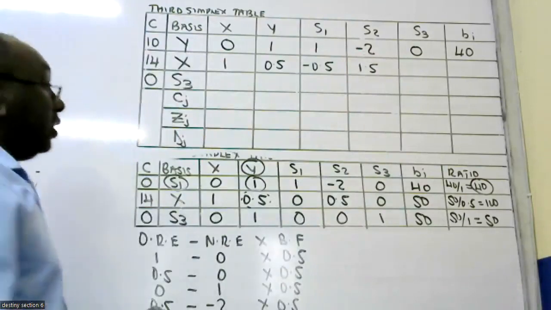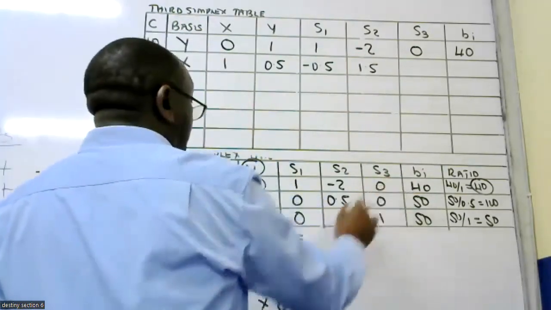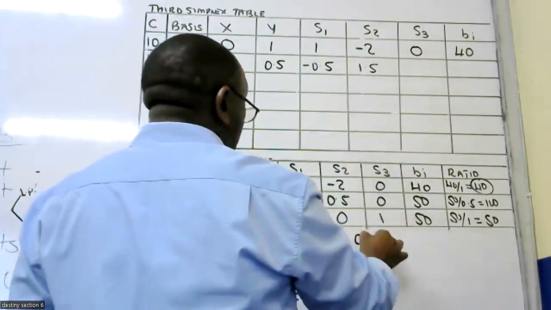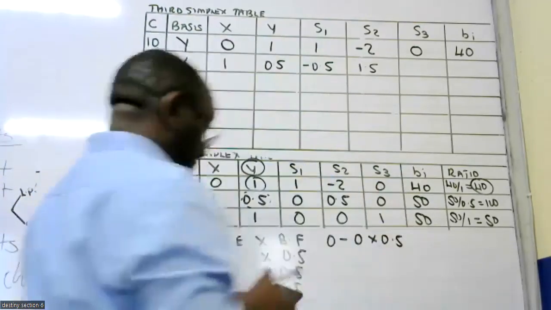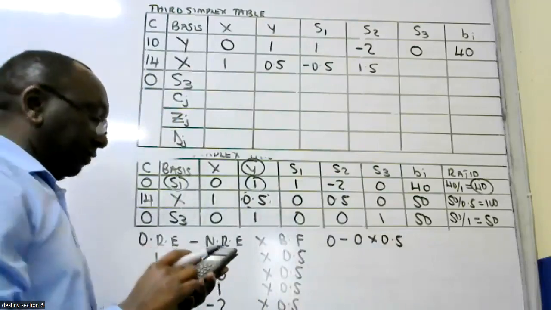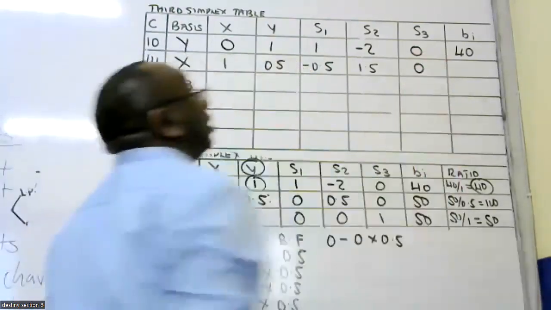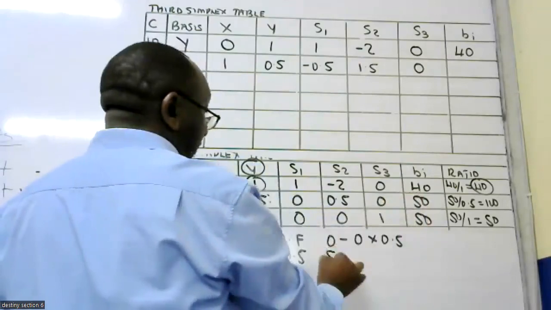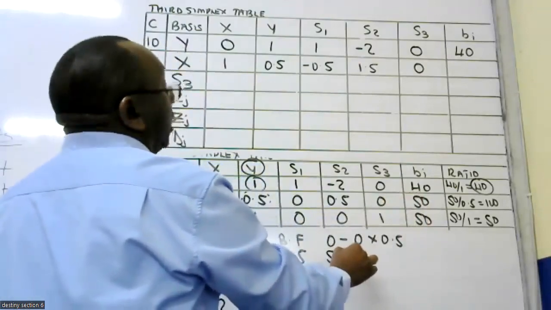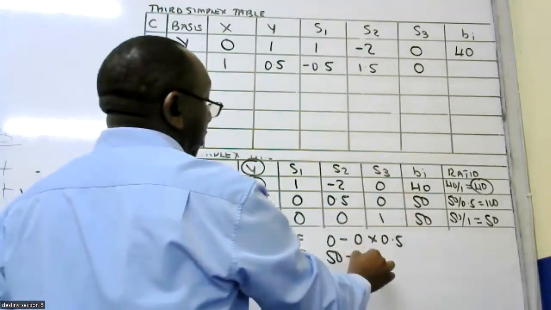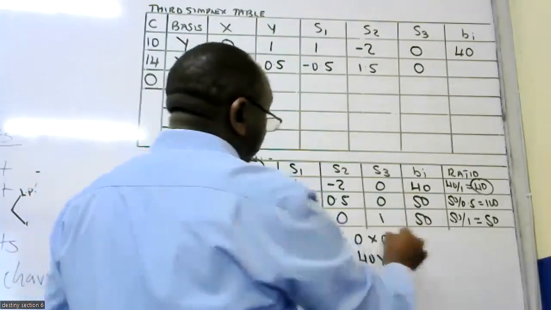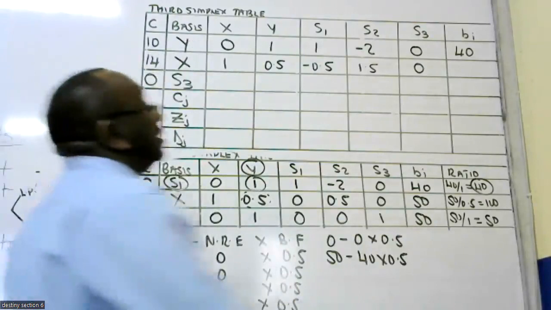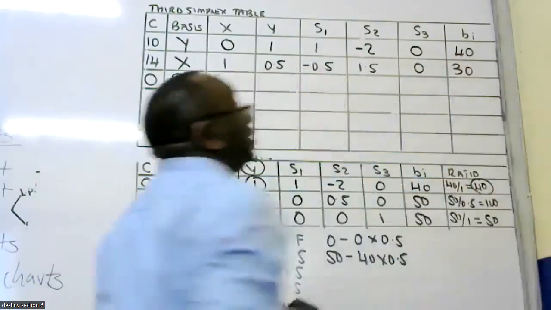Then nikikuja kwa hapa niko na 0 minus pale niko na 0 in the new row. The balancing figure is 0.5. So 0 minus 0 times 0.5 is 0. Alafu the last one, kwa the old niko na 50 minus the new niko na 40 times the balancing figure of 0.5. So 50 minus 40 times 0.5 is 30.